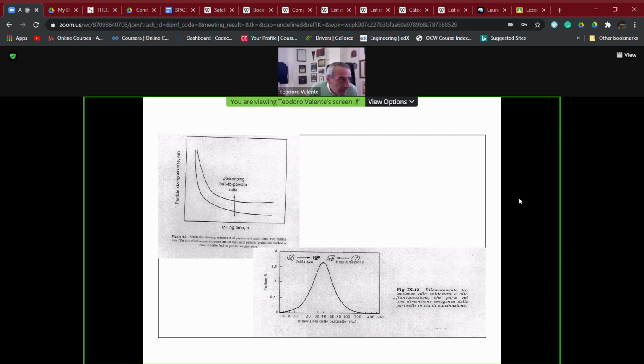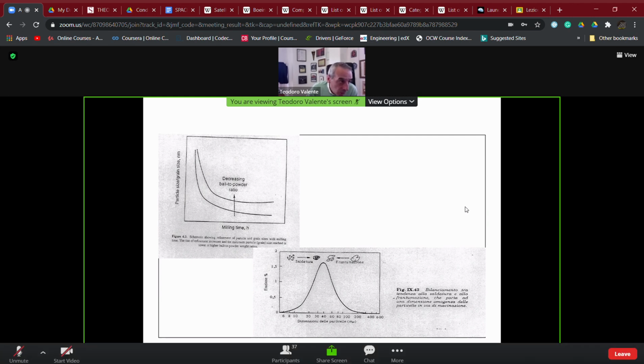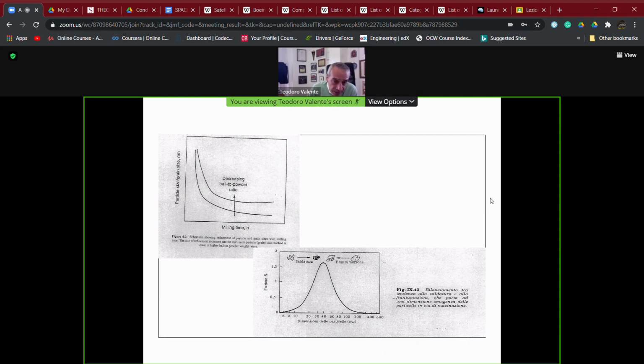There is also another interesting effect due to the balancing of these two phenomena. If you look at the final average distribution of diameter of the powders produced with this technology, that is, if we have a look at the granulometry, like in these diagrams of the produced powders, we do have a very narrow distribution.